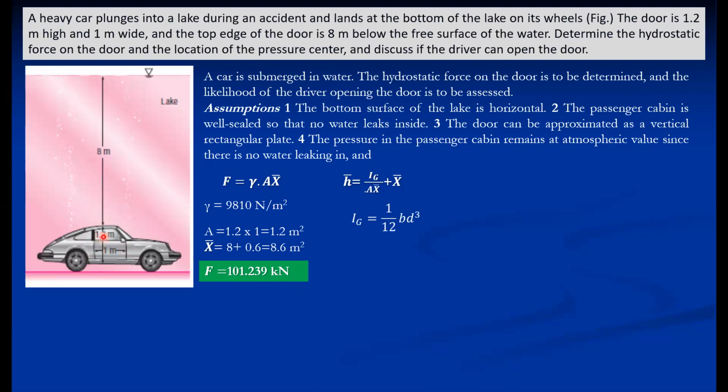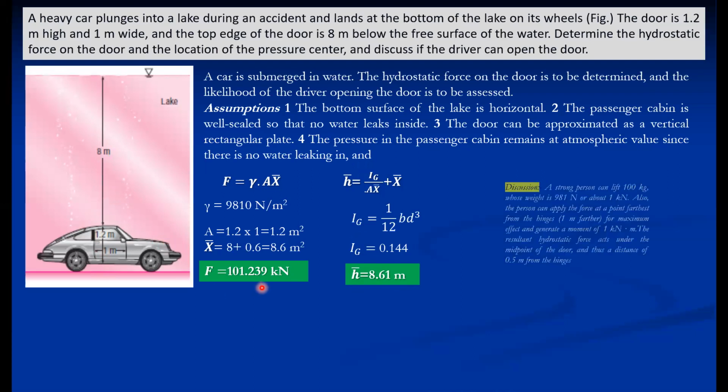So 1 meter is B and 1.2 meter is D. So Ig we can calculate, that is 0.144 meter raised to 4. So finally we can calculate H bar, that is 8.61 meter. So the force acts at 8.61 meter below the free liquid surface.